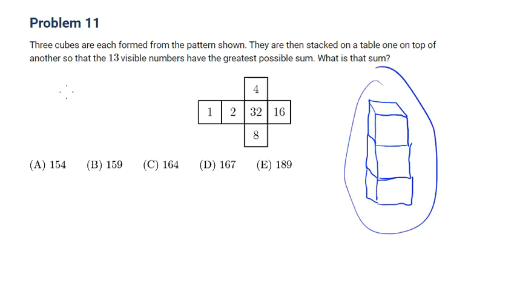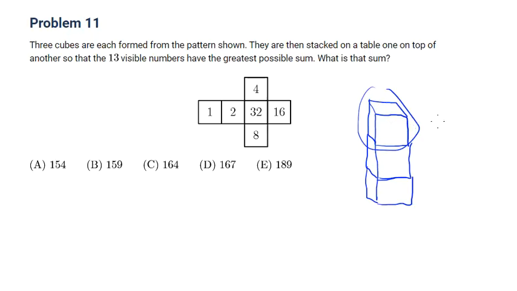Well, that's how they're stacked, right? Each of the bottom 2 cubes sacrifice 2 sides, while the top cube sacrifices only 1. Obviously, if we want the greatest possible sum, we will sacrifice the smallest.